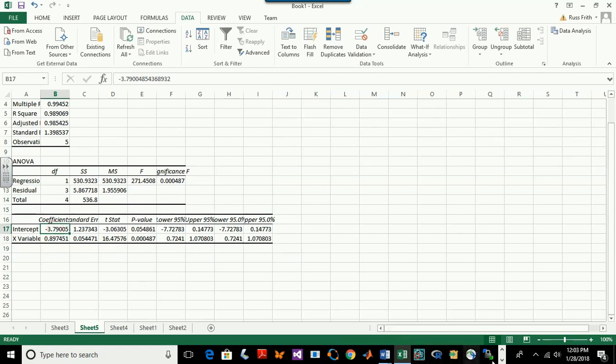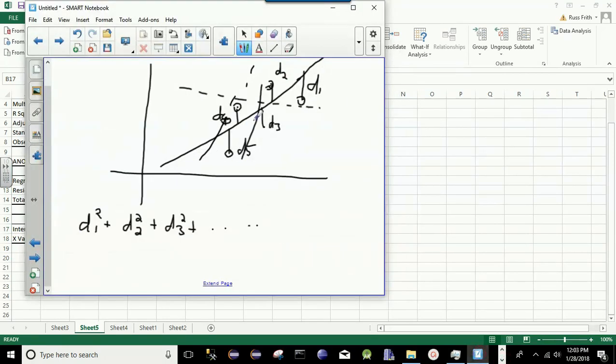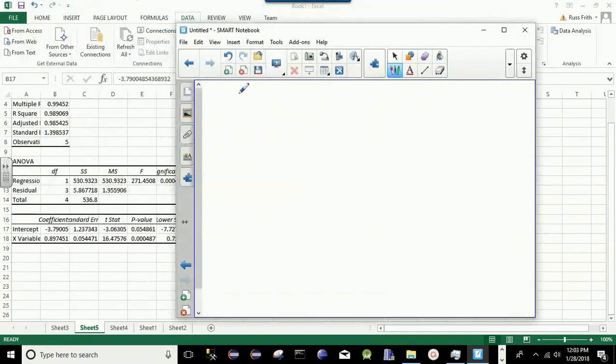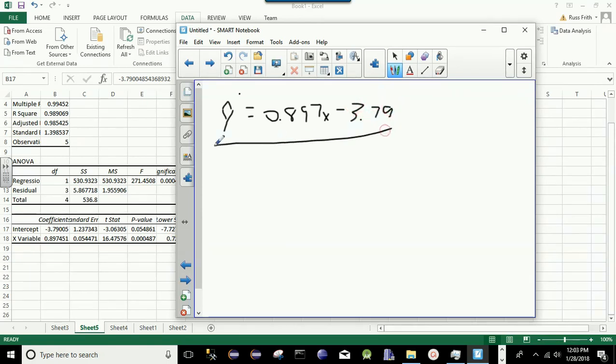So for this particular problem, you would write y hat is equal to 0.897x minus the intercept, which is 3.79. So that's your regression equation using the regression tool.